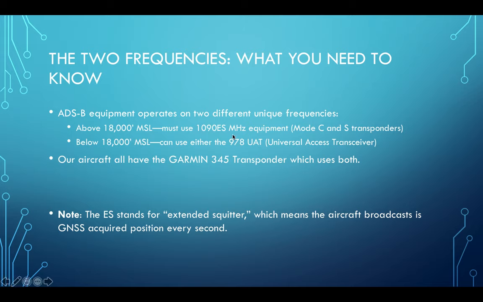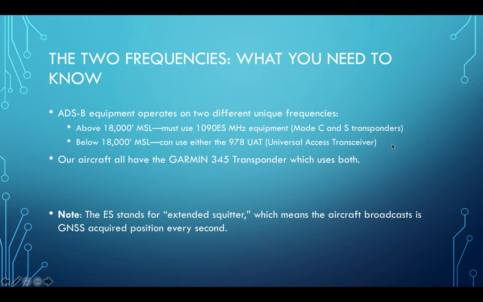Most people have the 1090 ES, but some transmitters operate on the 978 UAT, which is Universal Access Transceiver. Now, in all of our aircraft at TSTC, we have the Garmin 345 transponder, so it is capable of broadcasting and receiving on both. So in a practical sense, we don't even have to worry about this.